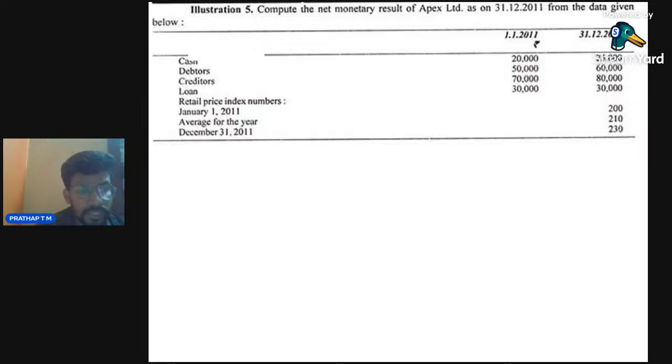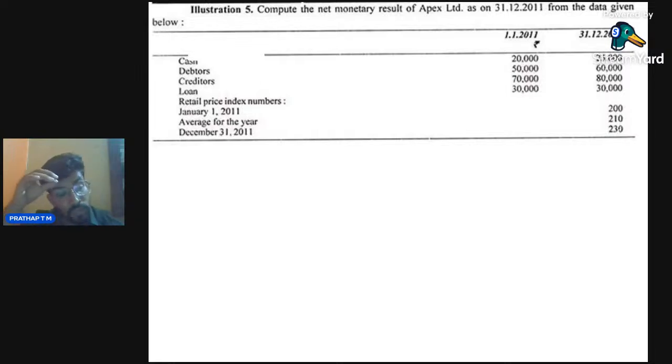Just imagine that if you are holding debtors or cash in your company, then the value of the cash decreases.